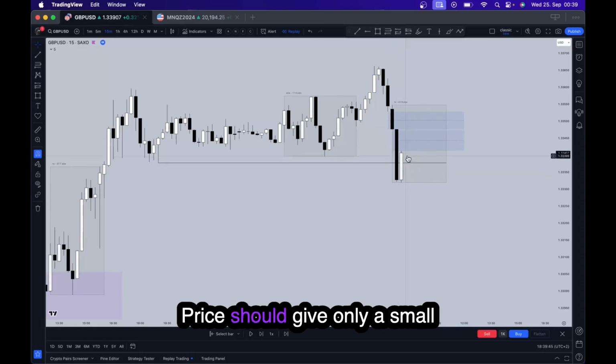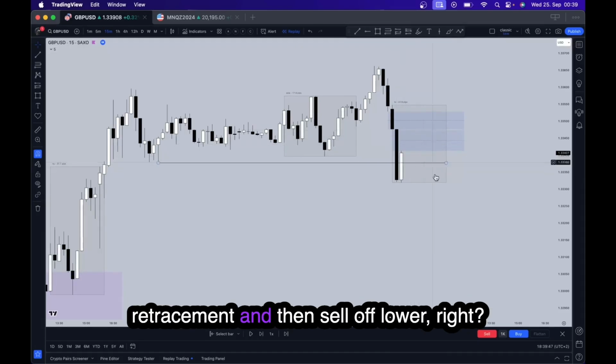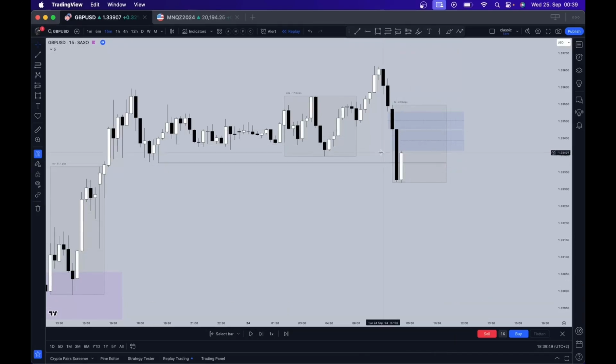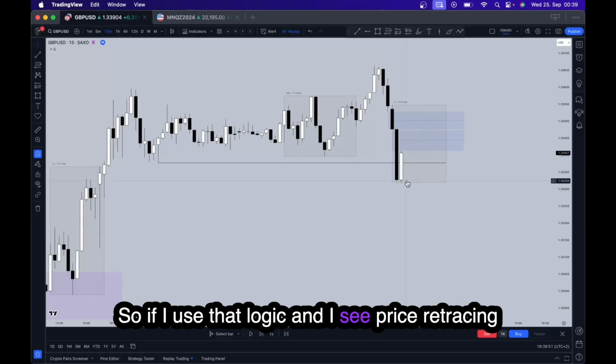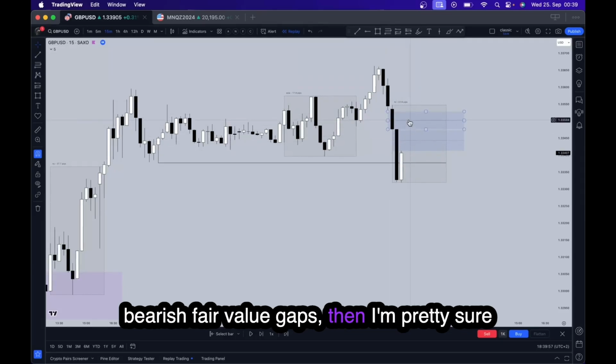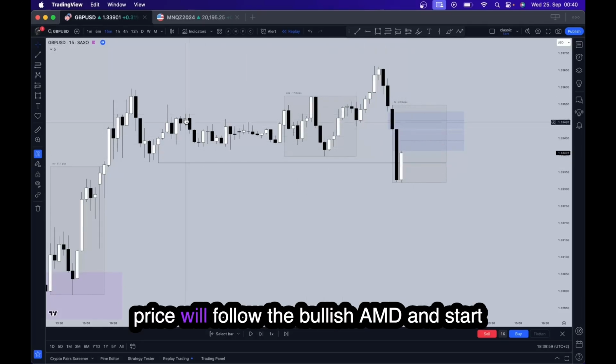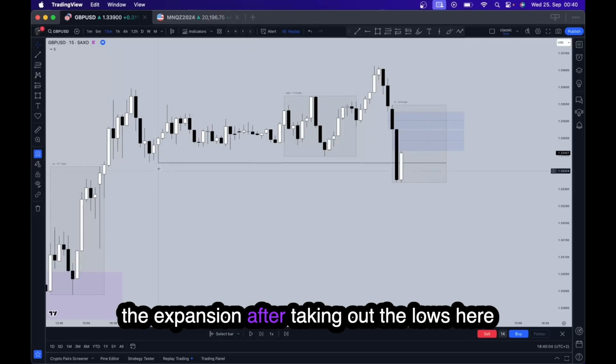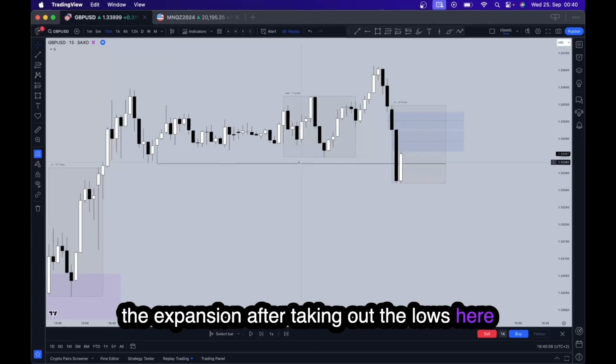Price should give only a small retracement and then sell off lower, right? So if I use that logic and I see price retracing back into that range, closing above both bearish value gaps, then I'm pretty sure the price will follow the bullish AMD and start the expansion after taking out the lows here.